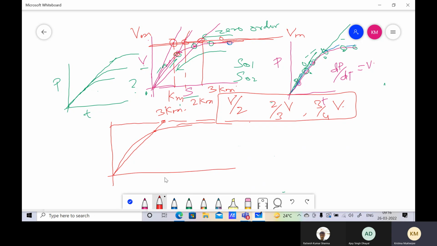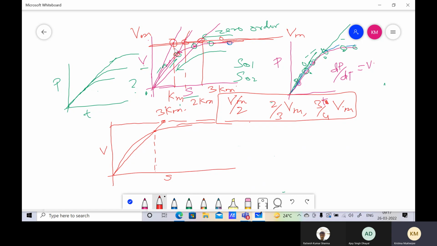We will reverse this problem and say, well, let it cut at V equal to Vmax by 2, or 2 by 3 Vmax, or 3 by 4 Vmax, and so on and so forth. And so let us do this. When does it cut at Km?